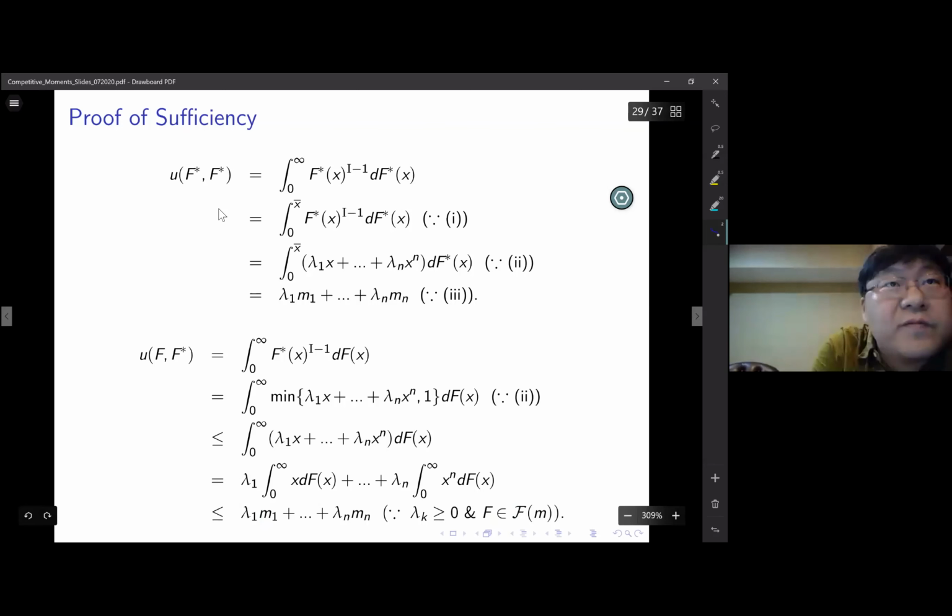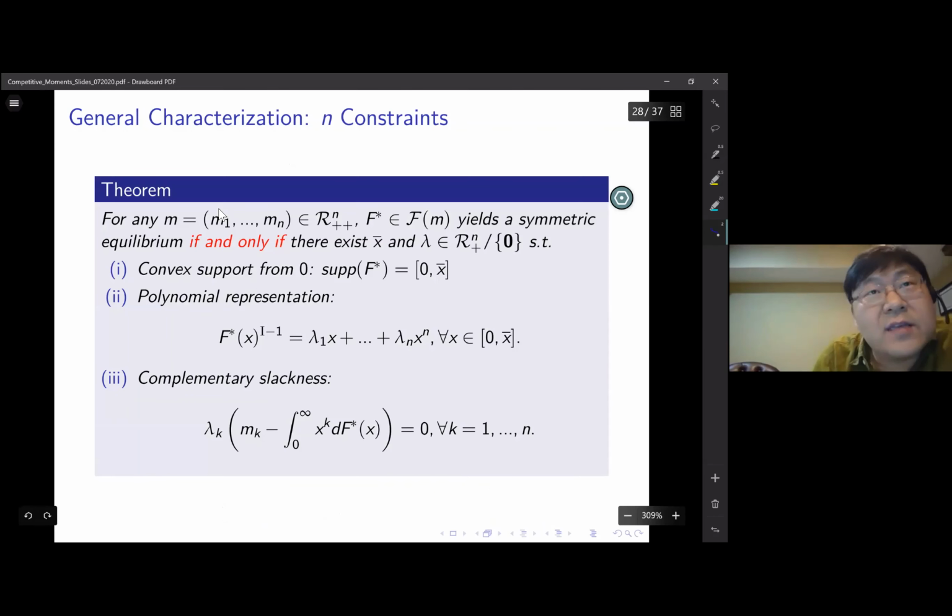And we just proved that U(F star, F star) is larger than or equal to U(F, F star) for all F that belong to this set Fm. And this is the sufficiency proof. Okay. Again, this is a necessary and sufficient condition, so from now on we can analyze any problem with arbitrary moment constraints.